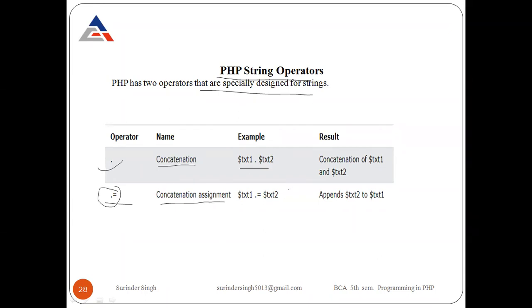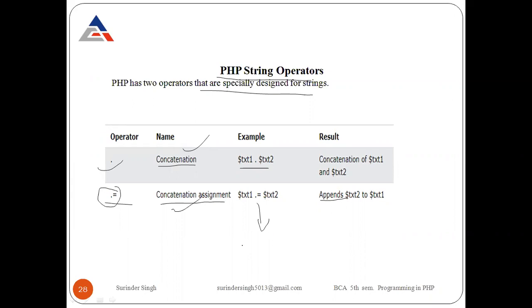This is used to concatenate two strings. Concatenation of the txt1 and txt2 variables; concatenation means combine. Okay. And this is concatenation assignment, and what it will perform: it appends txt2 to txt1.